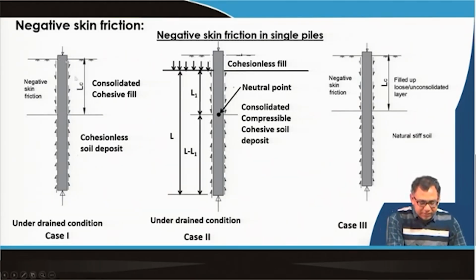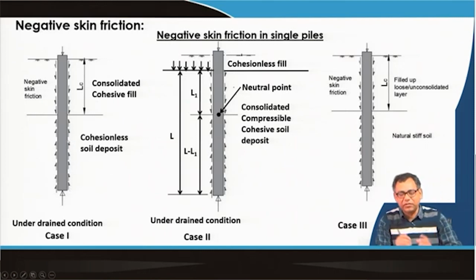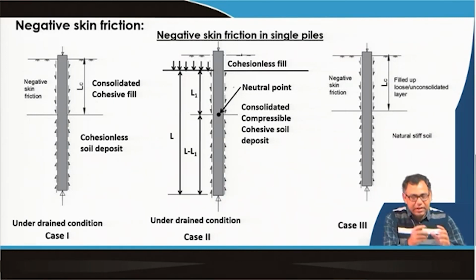You can see the fill soil movement is more compared to the pile, so the friction will act in the downward direction, but in the natural soil deposit the friction is acting in the upward direction, which is the normal trend. So, if some portion of the pile has friction acting in the downward direction, the net friction will reduce overall. That is called negative friction.